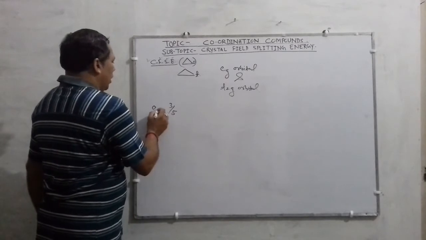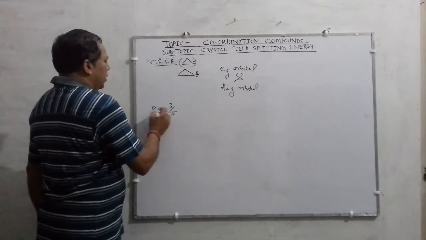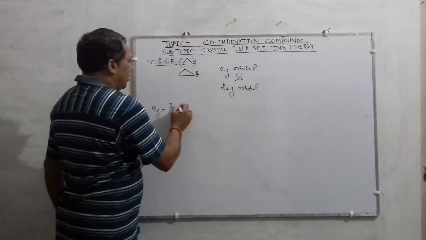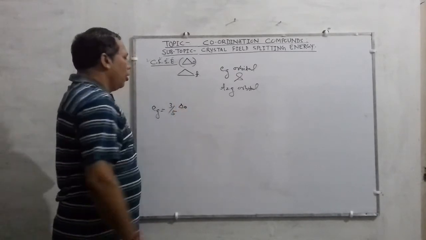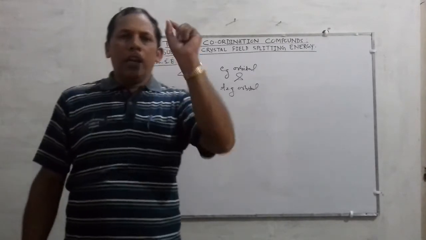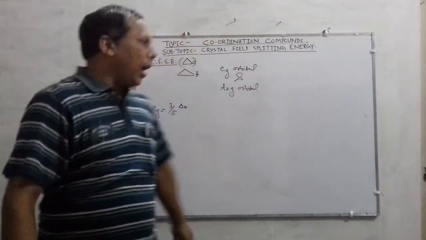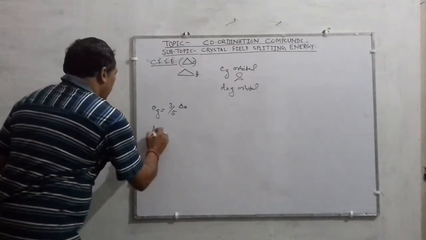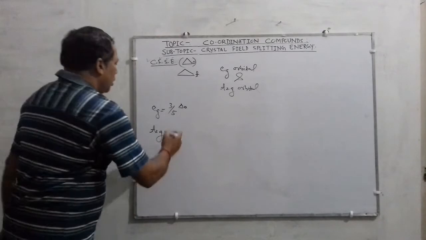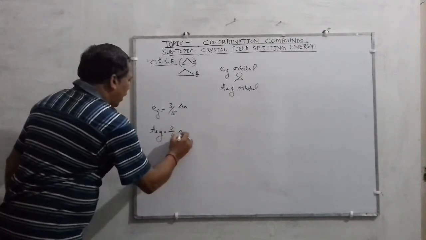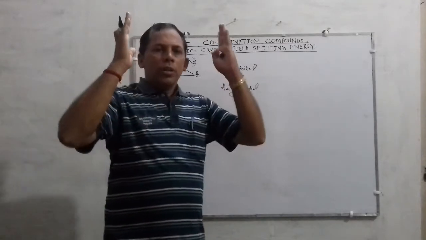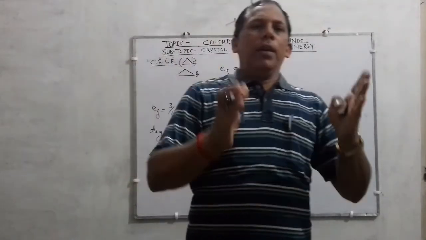The Eg energy level is 3/5 delta zero, which lies above the average energy level, and the value of the T2g energy is 2/5 delta zero, which lies below the average energy level.